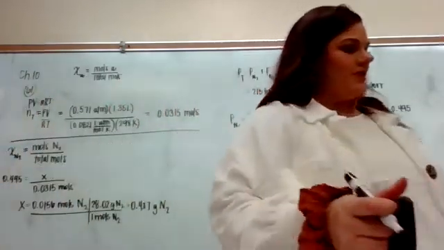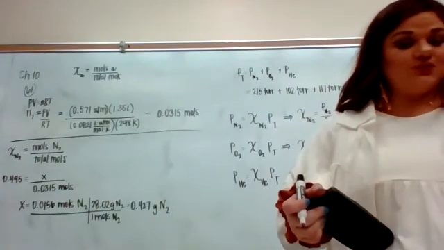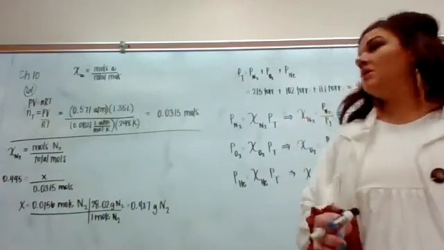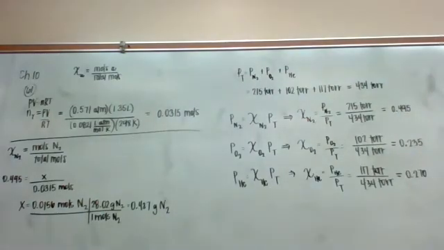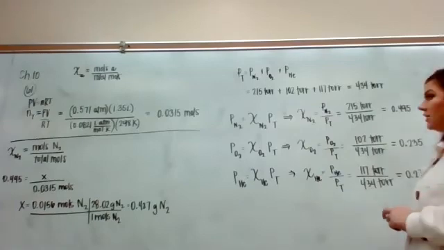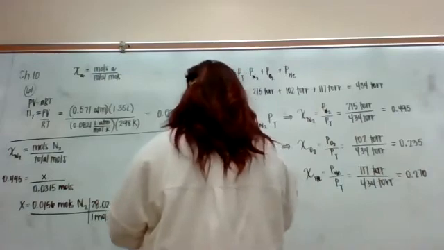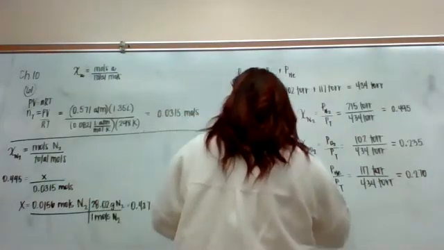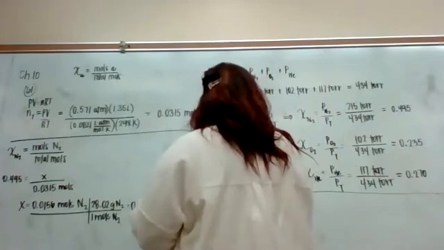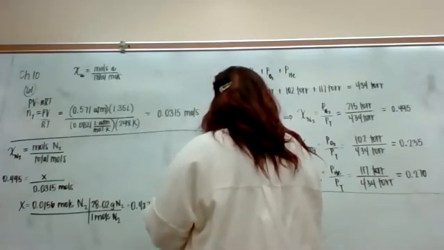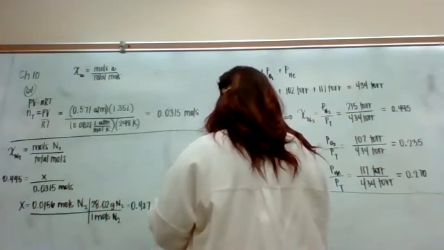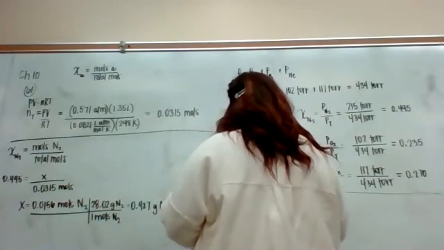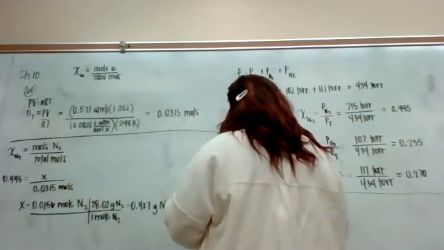I got 0.437 grams of N2. Okay, now I've got to do the exact same thing for oxygen and helium. Go to totals.